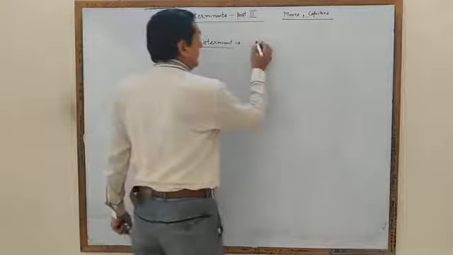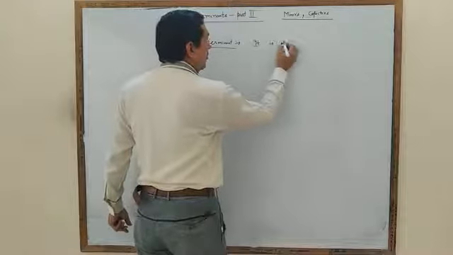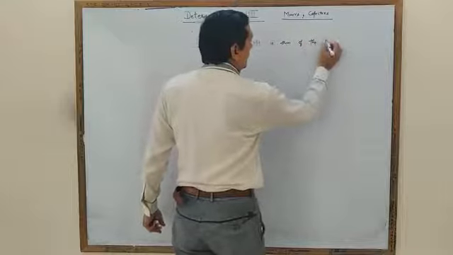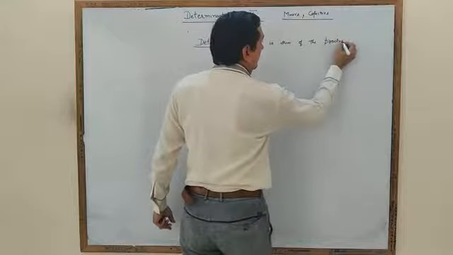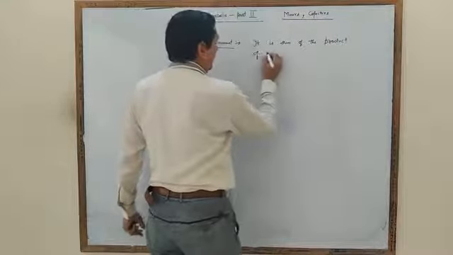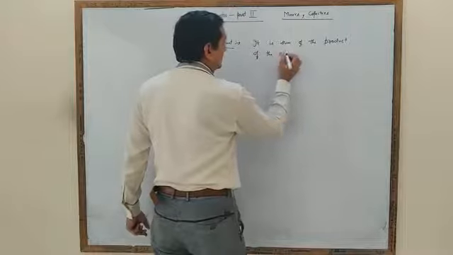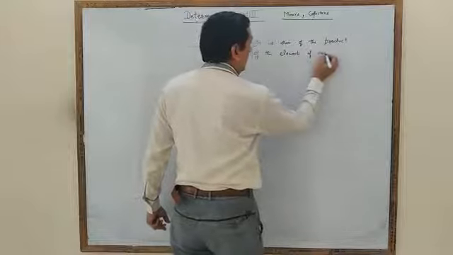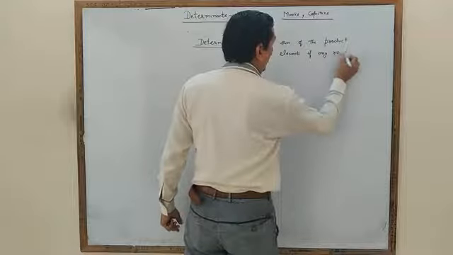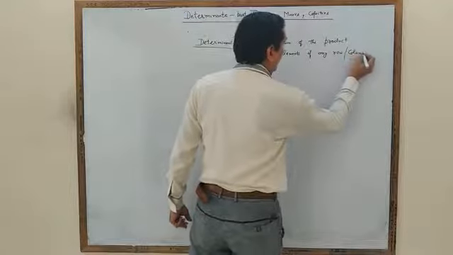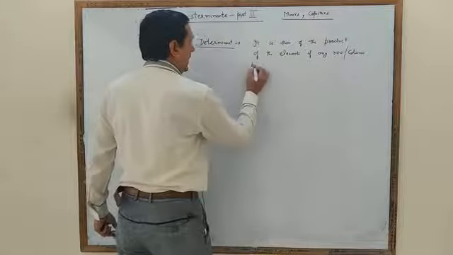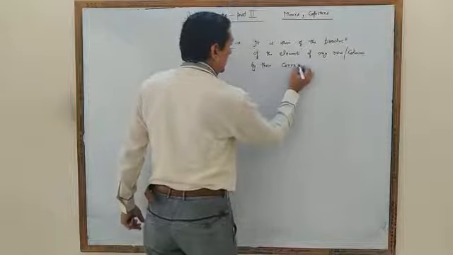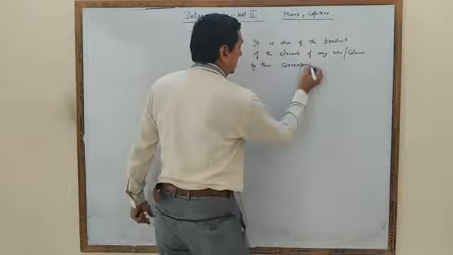Determinant is the sum of the product of the elements of any row or column by their corresponding cofactors.